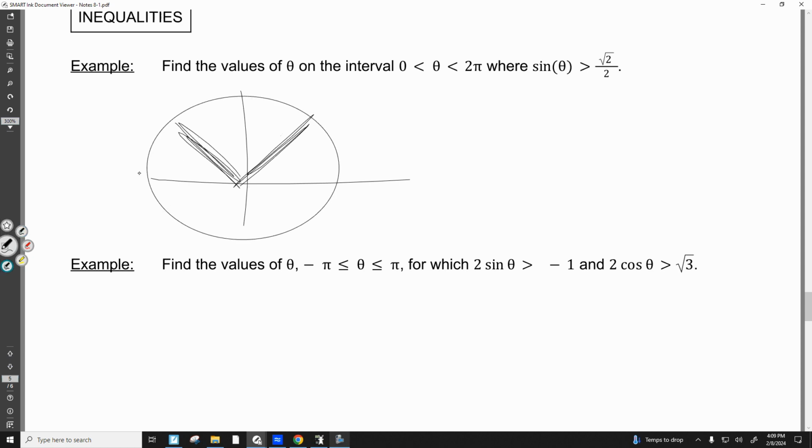Understand that there's any angle. What angles will sine be bigger than this? All of those angles between those 2. Which means I have an inequality, my angles between pi over 4 and 3 pi over 4. And since it's greater than, not greater than or equal to, I just need symbols like that.